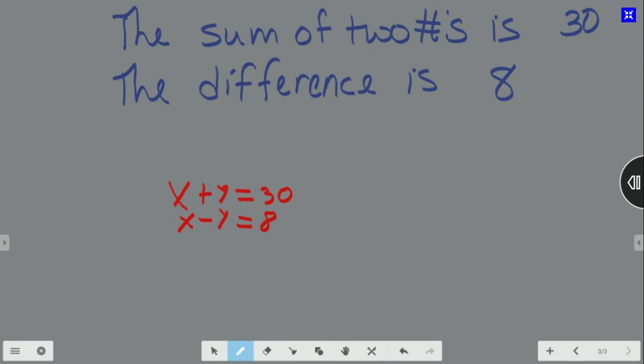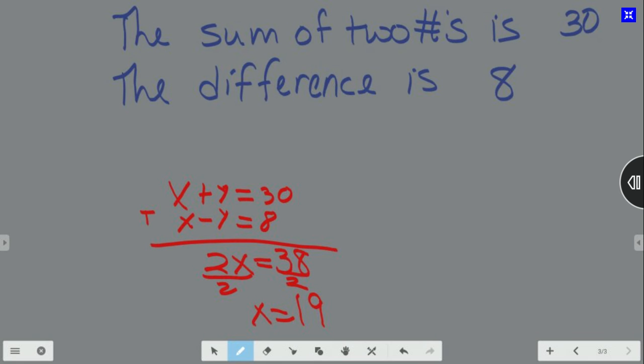There you go. All right, what are we going to do with these two equations? Add them. So plus, and 2x is equal to, divide by that 2, x is equal to 19.